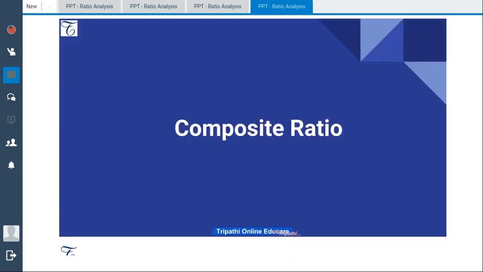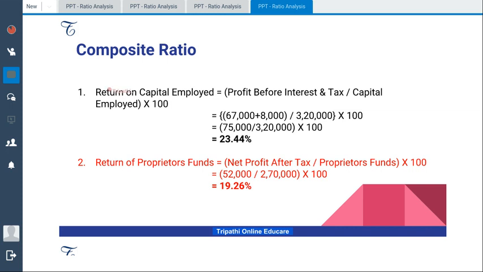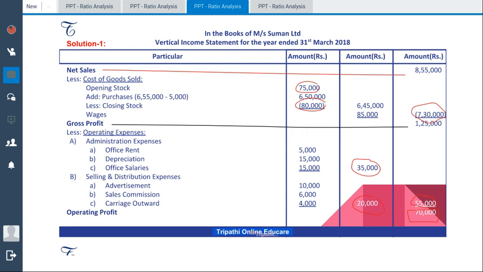Next we will go for composite ratio, and the first one is return on capital employed. Formula is profit before interest and tax upon capital employed into 100. So we want profit before interest and tax.